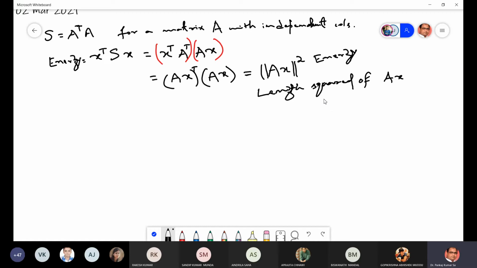So when this energy would be greater than 0, it will be greater than 0 only when Ax is not equal to 0, or we can also say that x is not equal to 0.